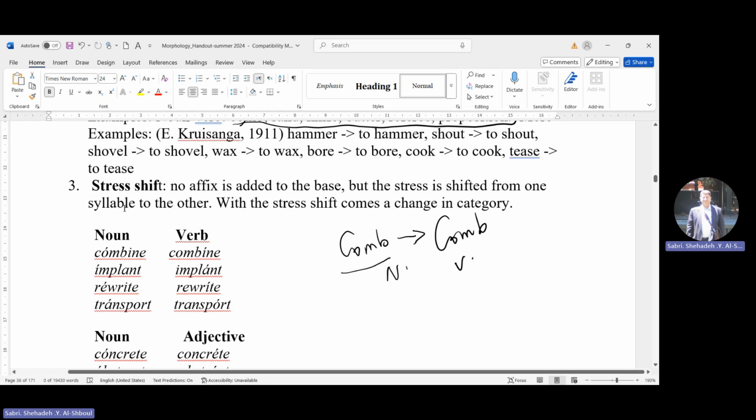Another example, dear students, is the so-called stress shift. As we all know, English loves stress, and stress is functional in English. Stress is very important as a suprasegmental feature in English. It does change the meaning.